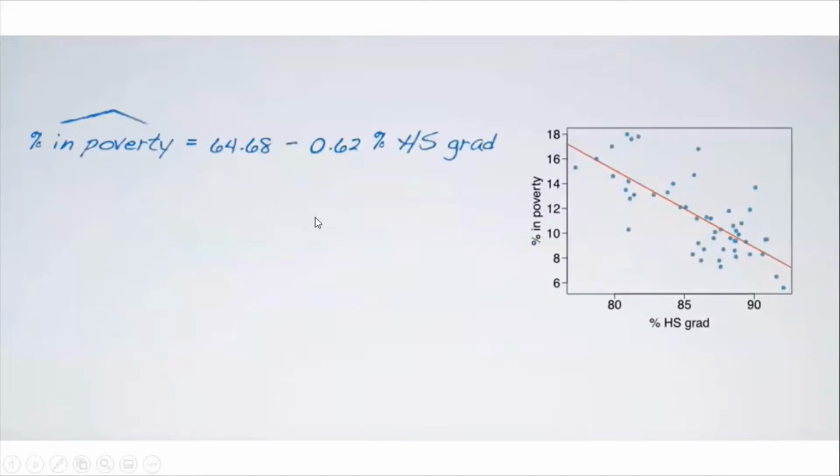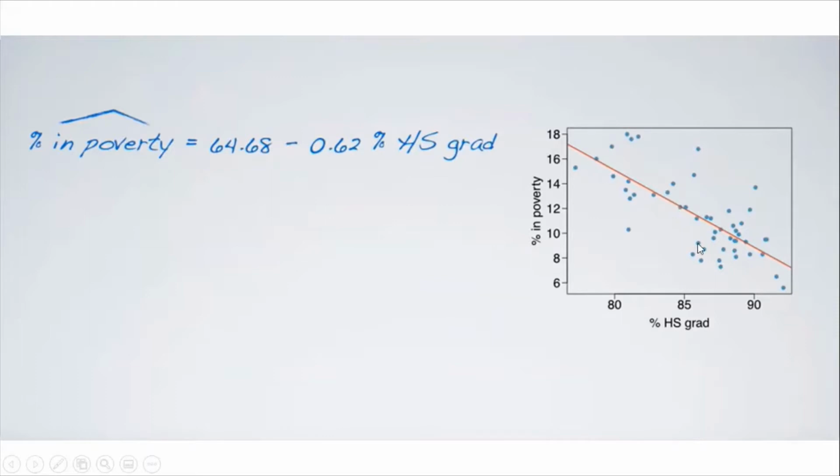Now let's put it in our final formula. The final formula is for our predicted percentage in poverty. How do we predict? We predict by using this formula: the intercept is 64.68 minus the slope, 0.62, multiplied by the percentage of high school graduates.